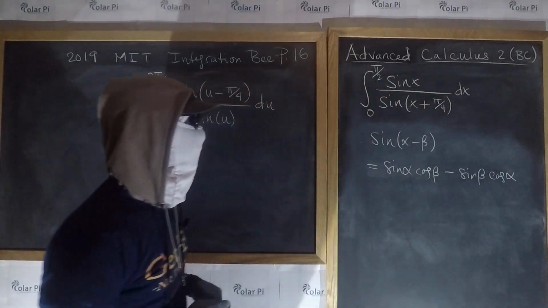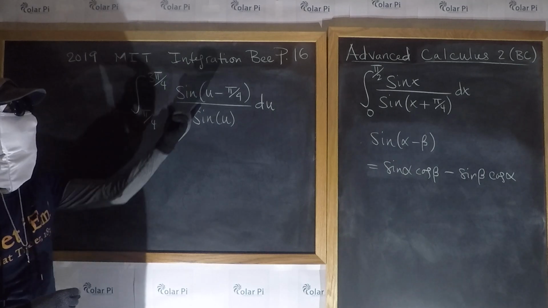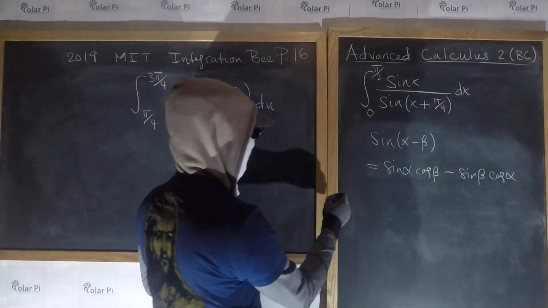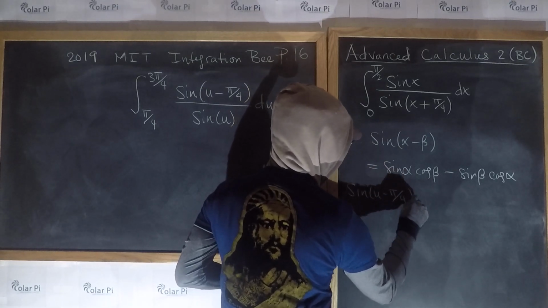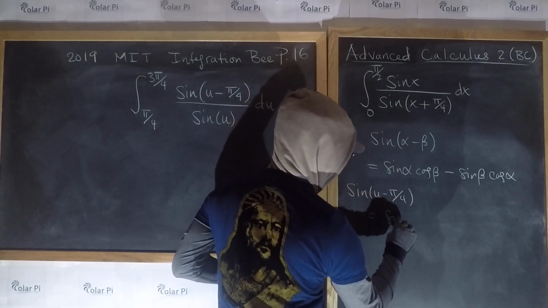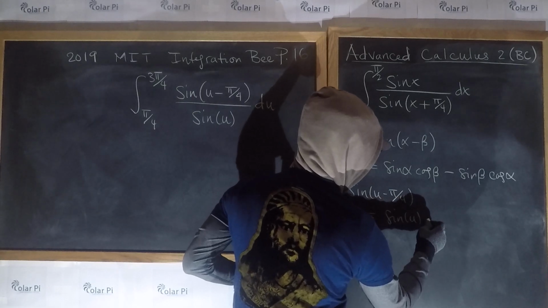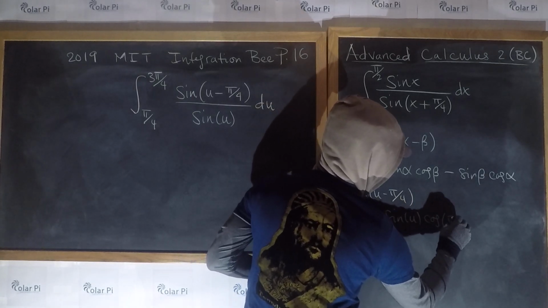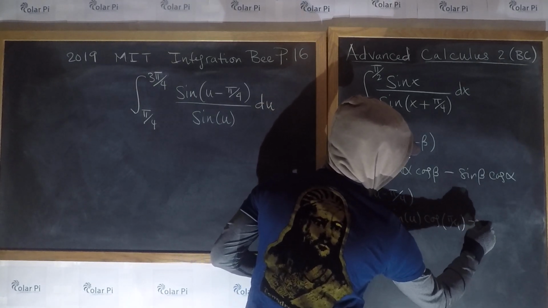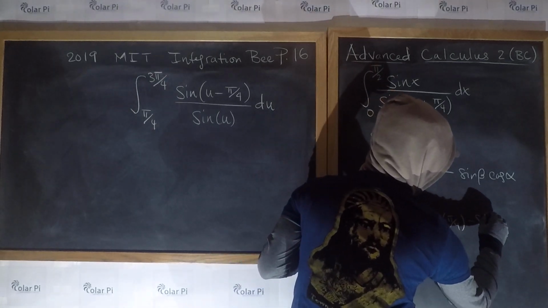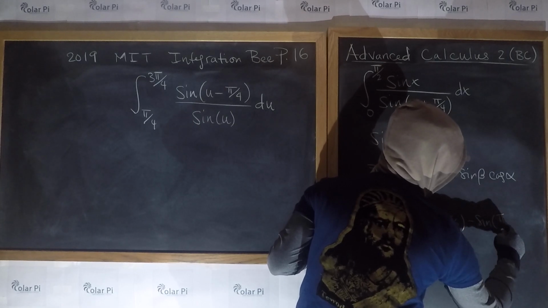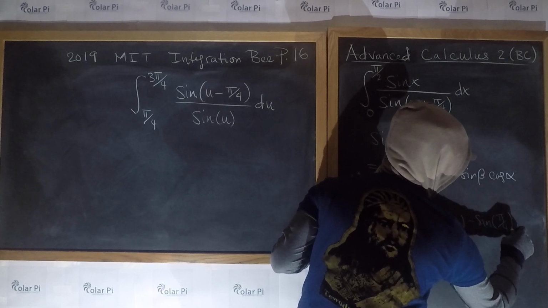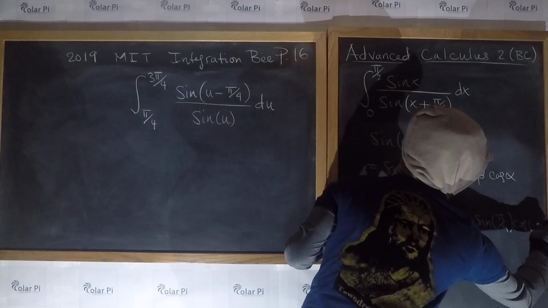right? Okay, so using that here, we see that sine of u minus pi over 4 is equal to sine u cosine pi over 4, and then minus sine pi over 4 cosine u.